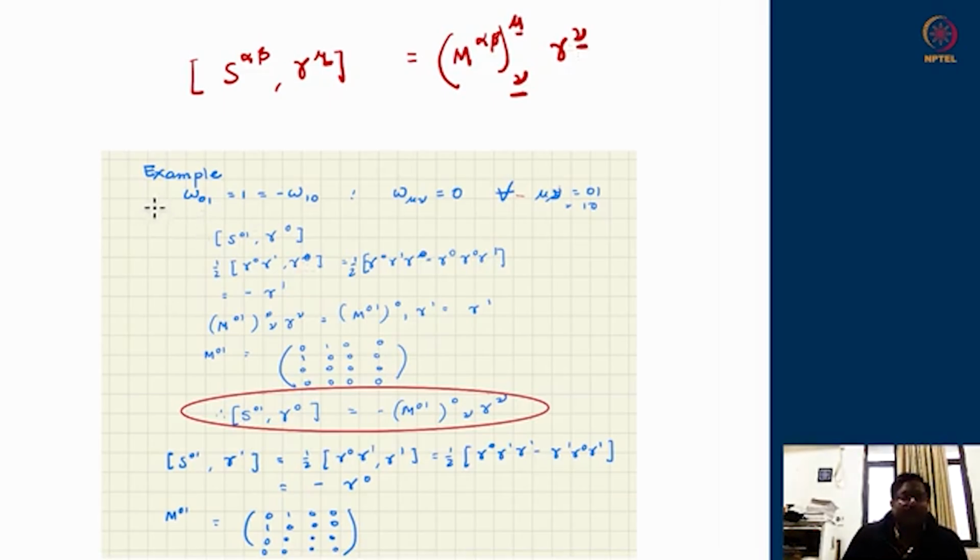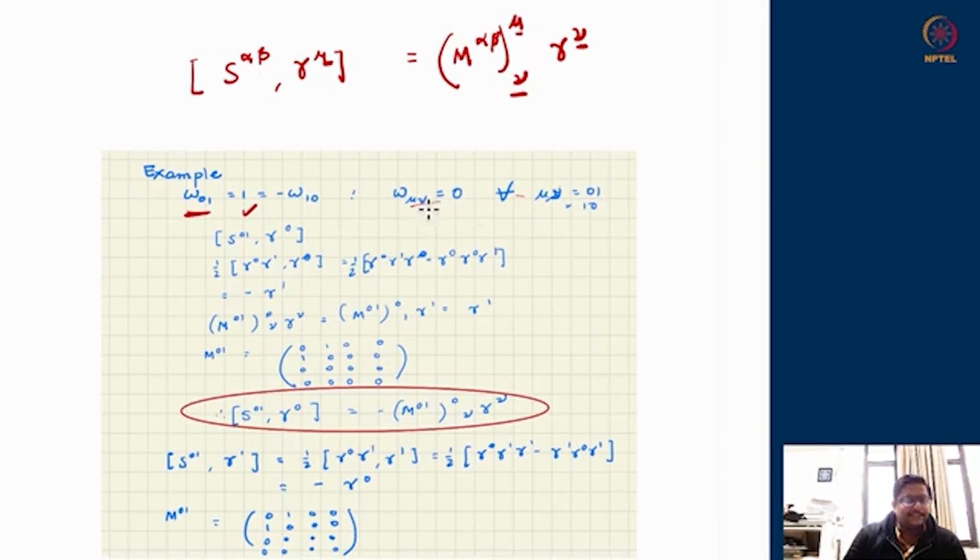So I'm going to think of a Lorentz transformation which is perfectly boost like. I'm going to do a Lorentz transformation which is just a boost along the x-axis. That means all other parameters are 0, only the boost along x-axis parameter is non-zero. I'm going to choose that parameter omega 0 1 to be 1, and being antisymmetric it is also equal to minus omega 1 0, and all other parameters are 0.